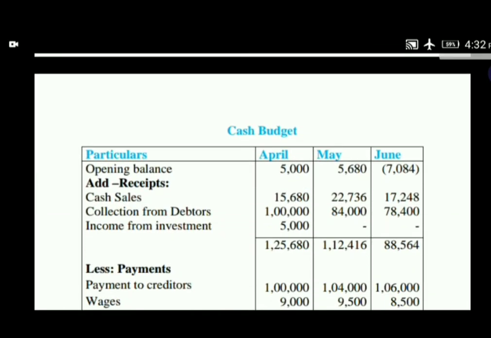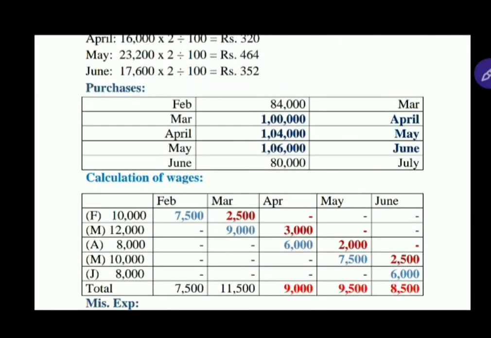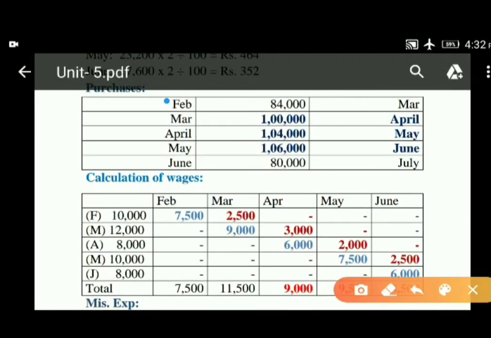That means purchases in February, 84,000, will be paid in March. March purchases of 1 lakh will be paid in April.